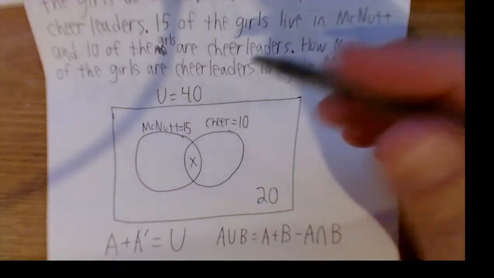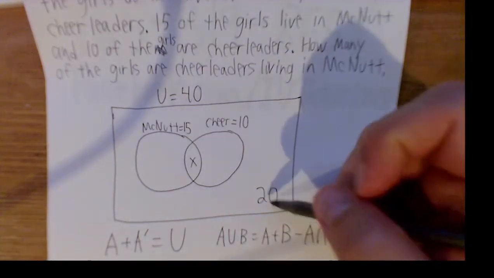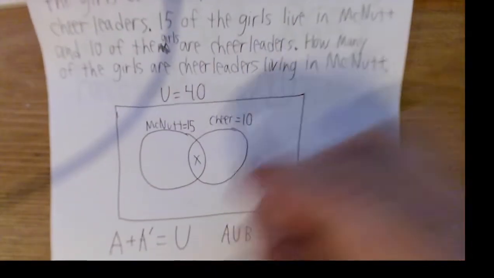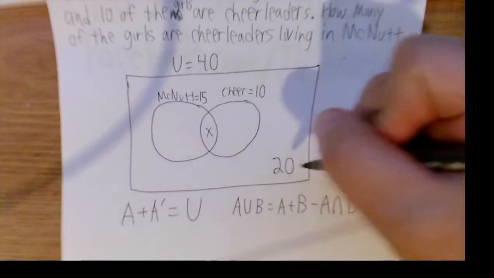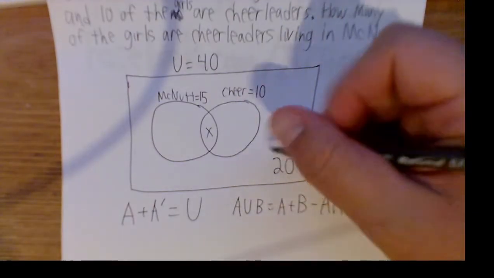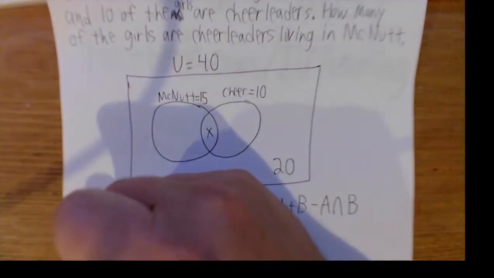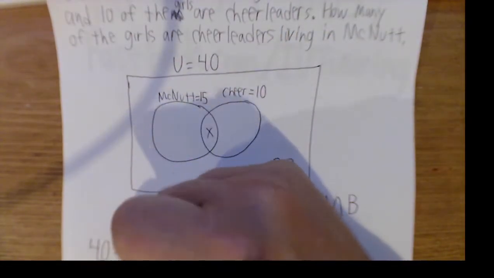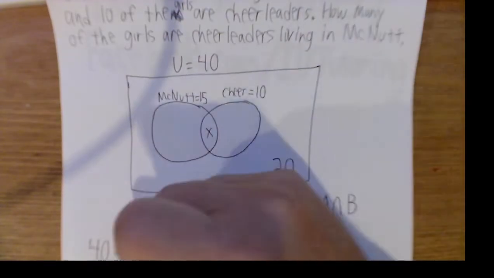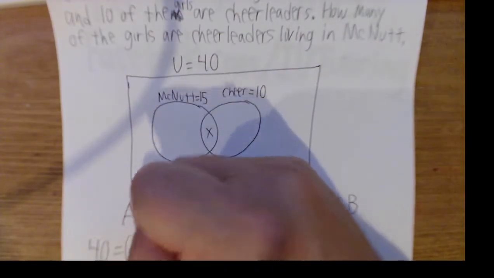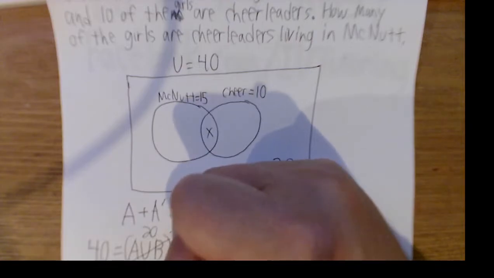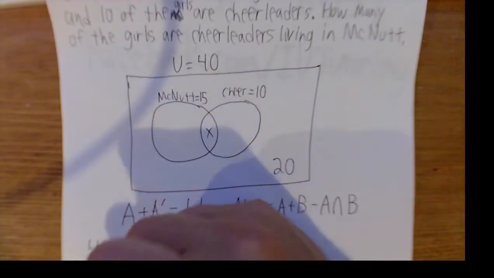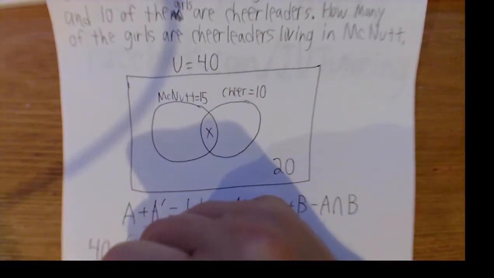Okay. Well, in this case, we have to put these two together and realize, what is A union B? Well, we know the universe is 40. We know that A union B complement is 20, right? So what would A union B be? Well, if you subtract 20, that would be 20, right? So A union B equals 20.